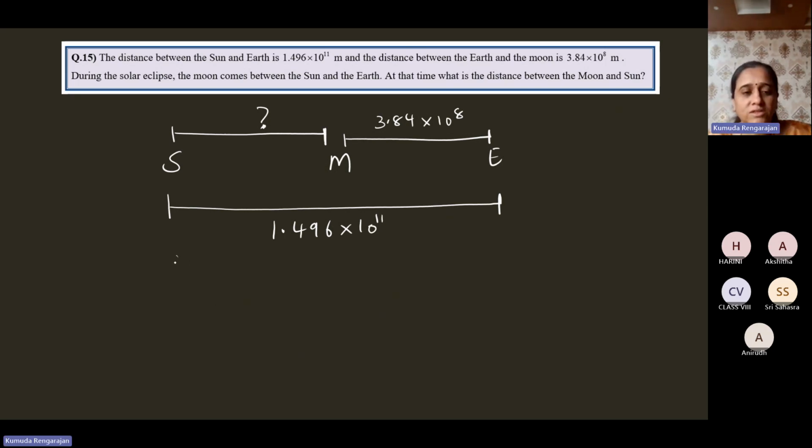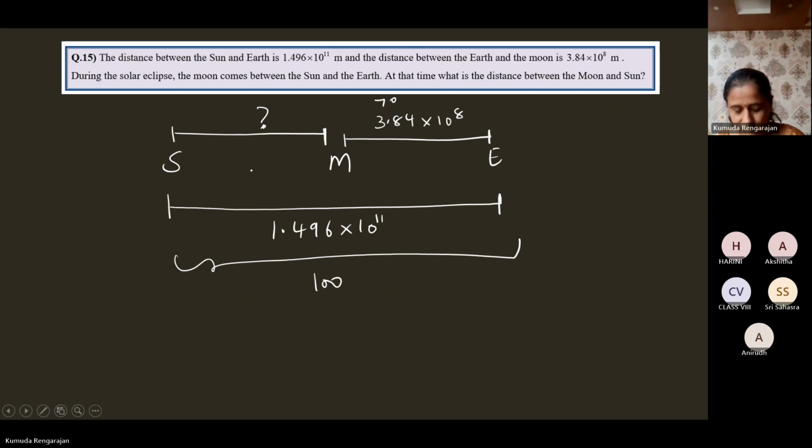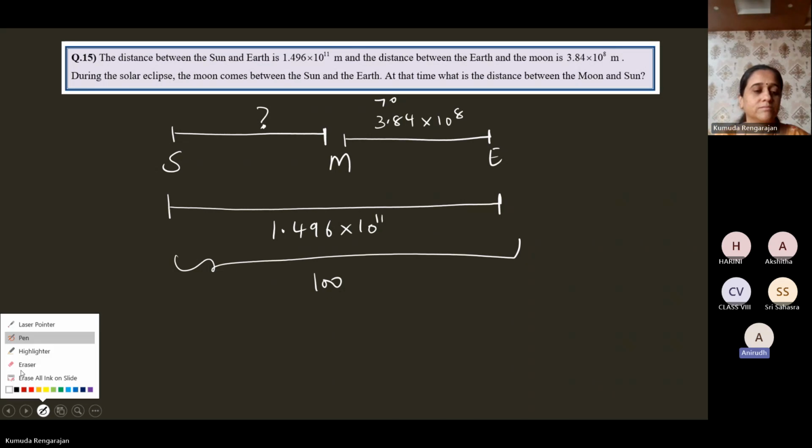Now, supposing this number is, say, 100, and this number is 70, then what's the answer? 30, because 100 minus 70 is 30.